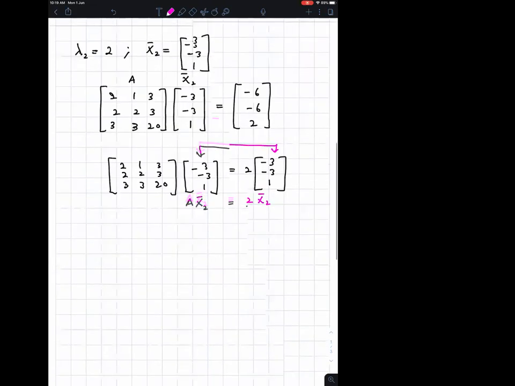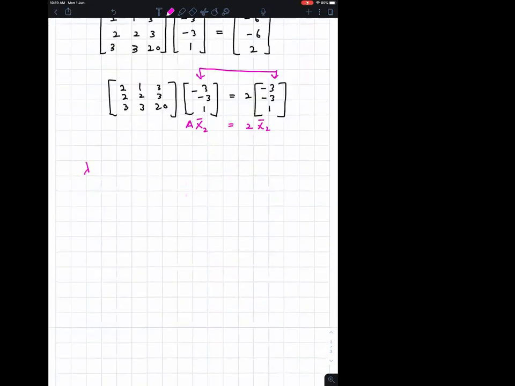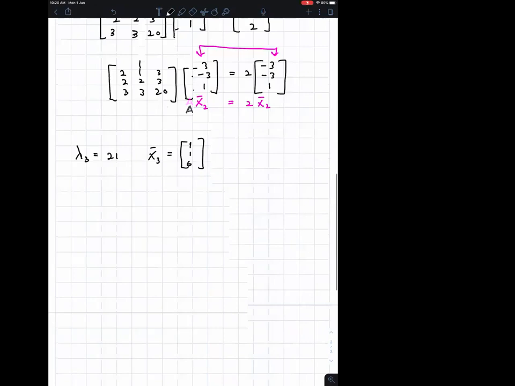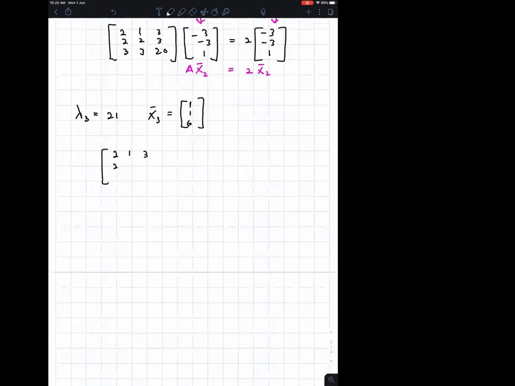Similarly, let's say if you have lambda 3, lambda 3 is 21. We have the corresponding eigenvector. Equals to what?